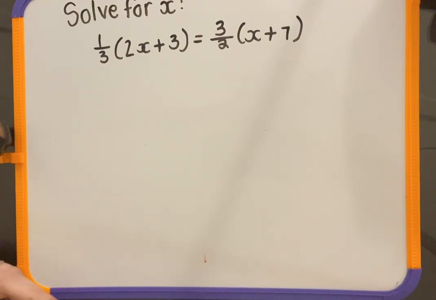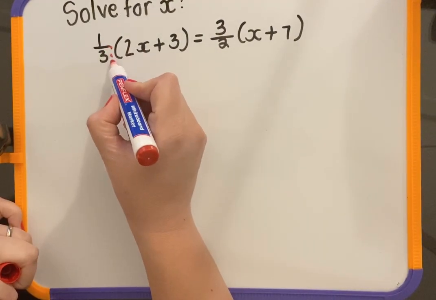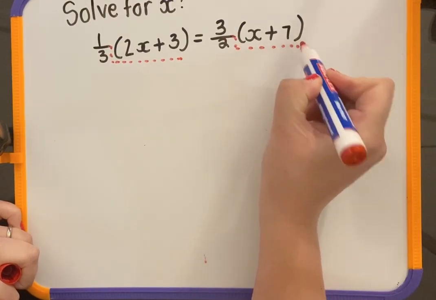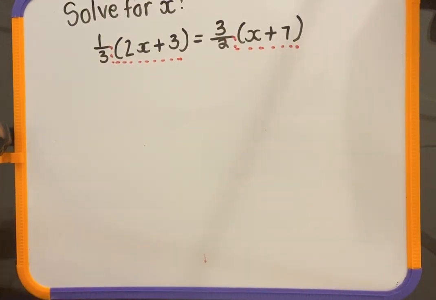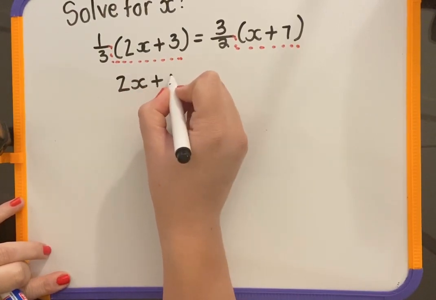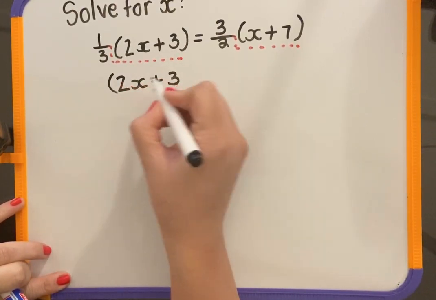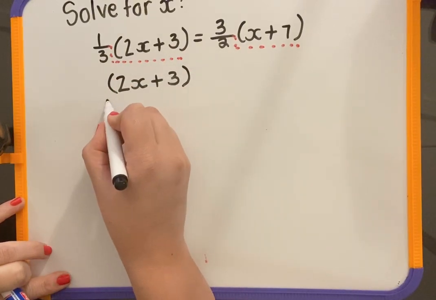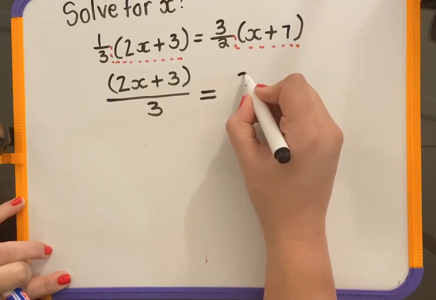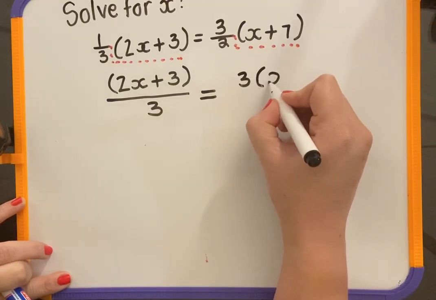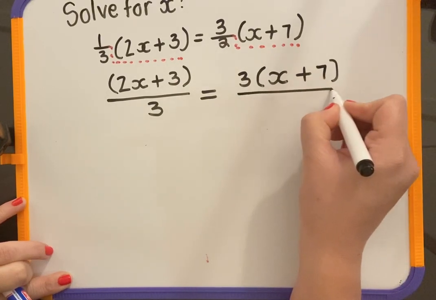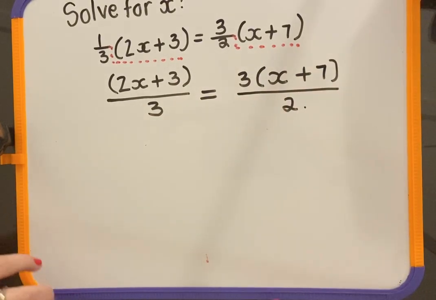So in fact, we could just rewrite this entire equation to make it look a lot more simple and manageable. So in fact, I've got 2x plus 3 in the numerator multiplied by 1, which I don't have to write, over 3 equals 3 times x plus 7 all over 2.